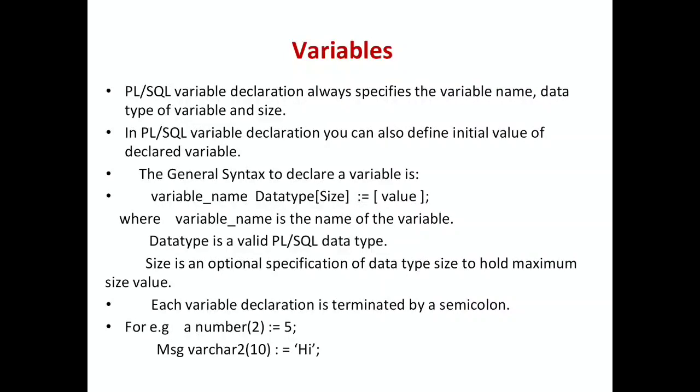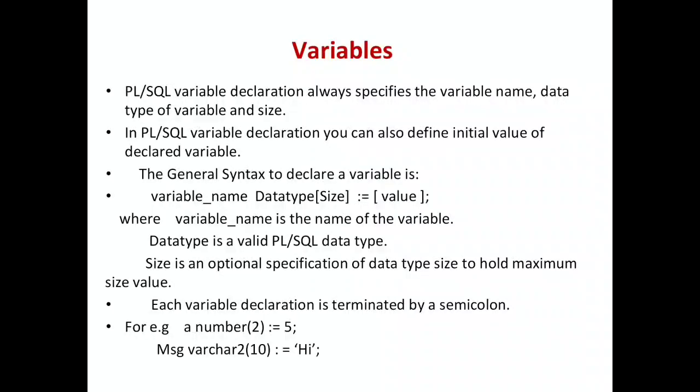Data type means what type of data you are going to store into the variable. Size is optional as I have written in square brackets. Size means how many characters you want to store into that particular variable. That size will be the maximum size value. And each variable declaration is terminated by a semicolon.